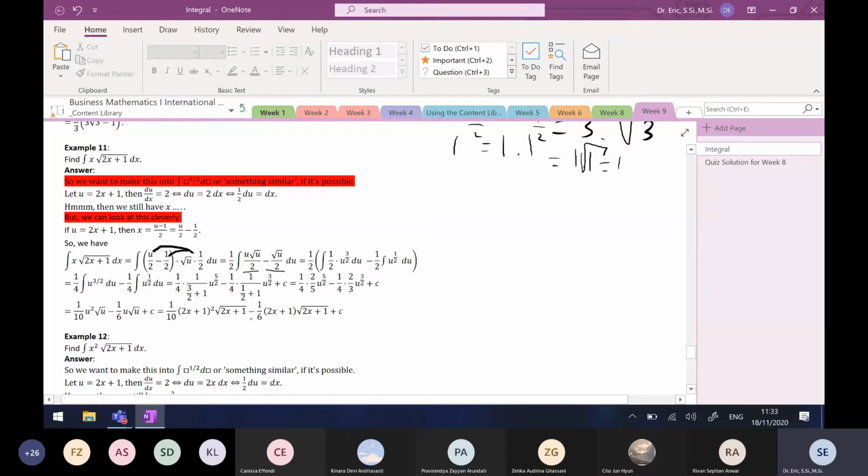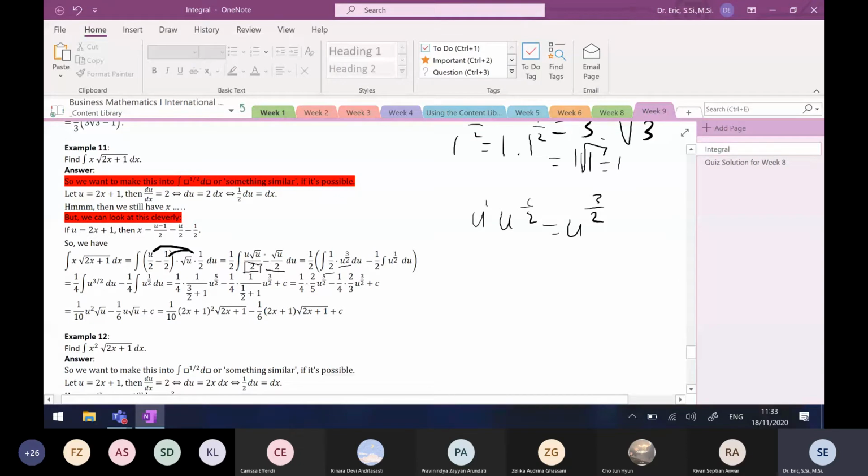By the properties of integral, this is a half times, you can separate this, the integral of u to the 1 times u to the half, and it will get u to the 3 over 2. Where does this half come from? From this. So you have a half times u to the power of 3 over 2.